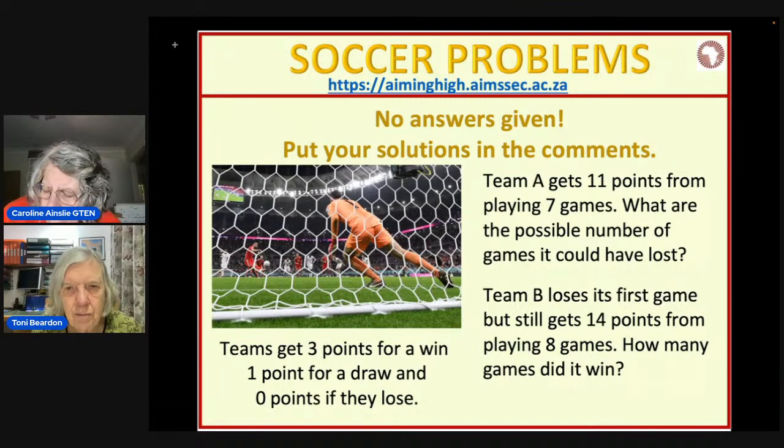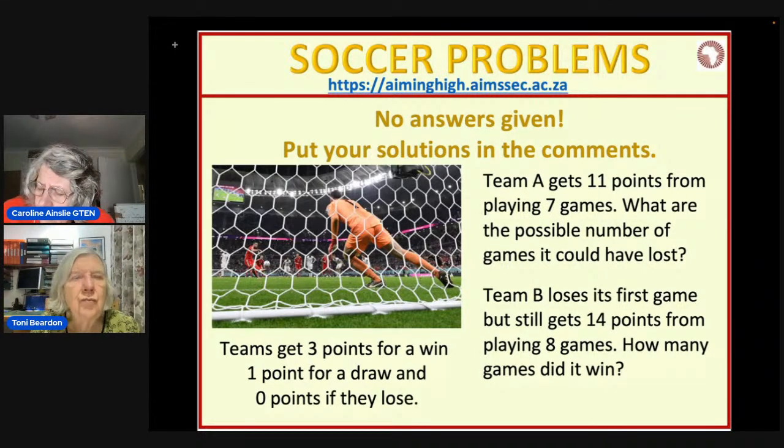A team gets 11 points from playing 7 games. What are the possible numbers of games it could have lost? Now we've got to work this out, knowing that teams get 3 points for a win, 1 for a draw, and no points if they lose. Oh, so these aren't goals. Sorry, that's a distinction there. These aren't goals, these are points.